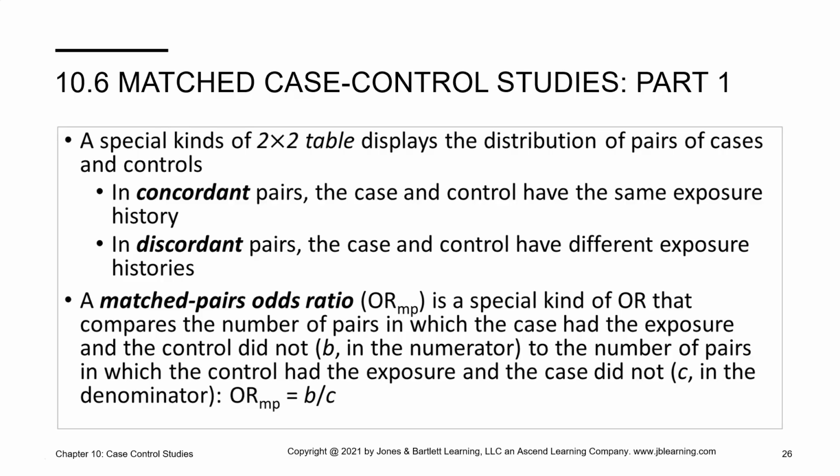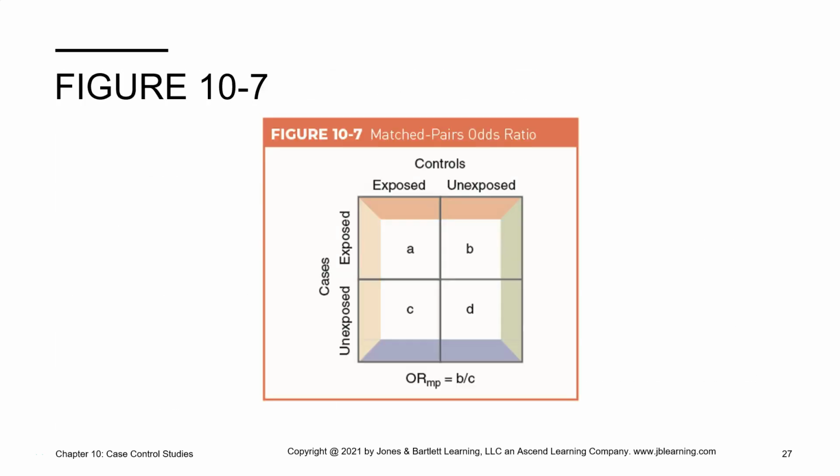We have the concordant pairs, and this is when the case and the control have the same exposure history, or discordant pairs when the case and control have different exposure histories. A matched pairs odds ratio is just a specific type of odds ratio that is calculated very similarly, except you're using the pairs within the calculation.